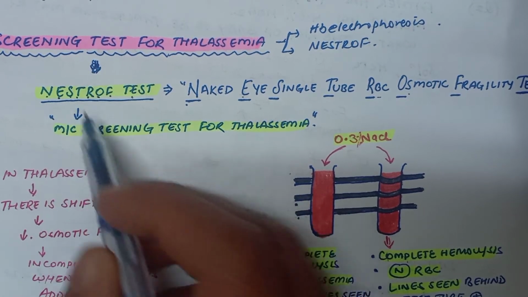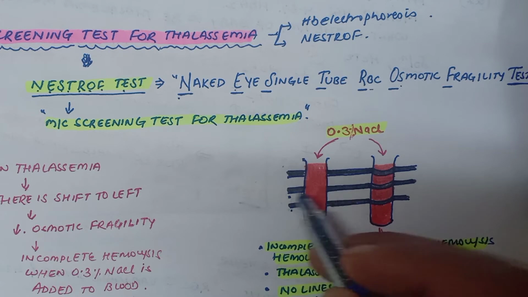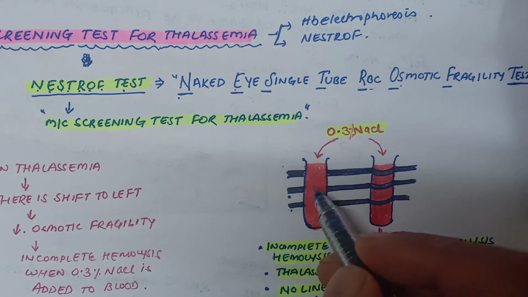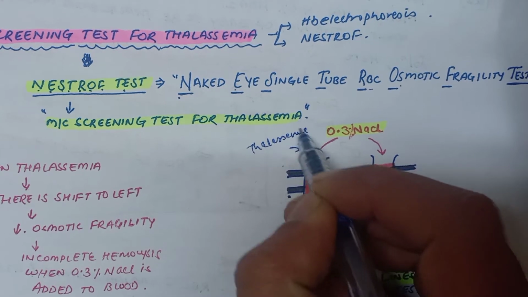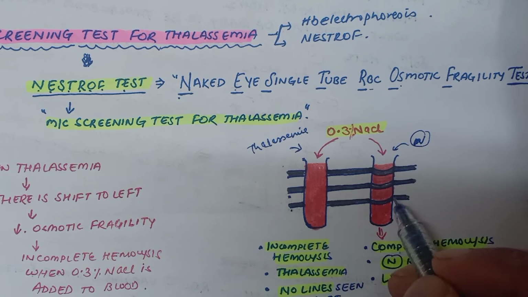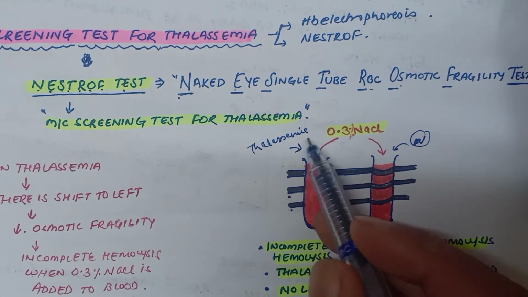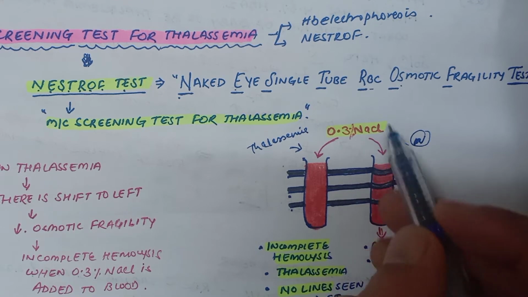So what we do in this test is that we take two test tubes filled with blood. So this is the blood of normal patient and this is the blood of thalassemia patient, and we add 0.3% of NaCl.